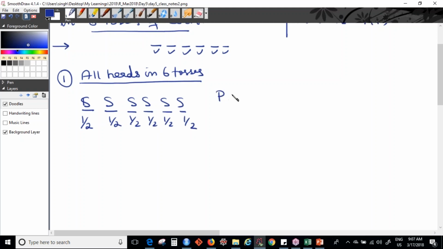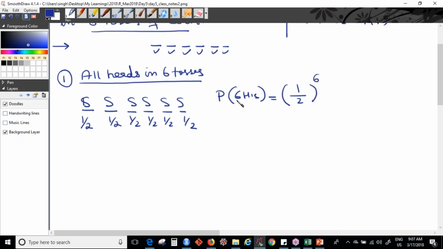So now finally, what is the probability of getting 6 heads? Yes guys, what is the probability of getting 6 heads? Yes, you will just multiply them. So 1 by 2 to the power 6.